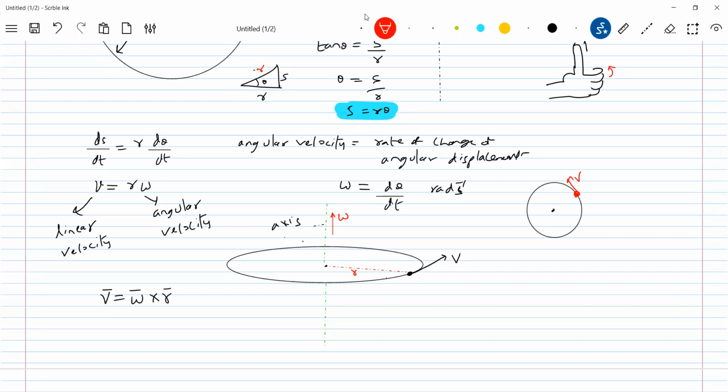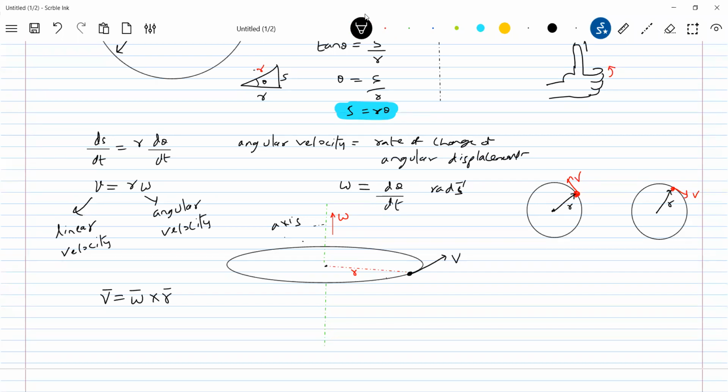So how will omega be directed? Omega will be directed out of the plane. If the particle moves in a clockwise direction, how will omega be directed here? Omega will be directed into the plane.